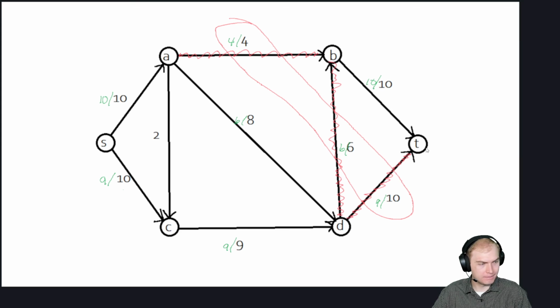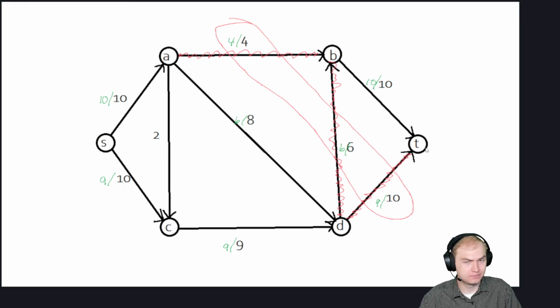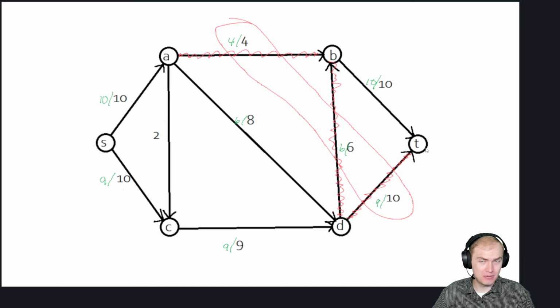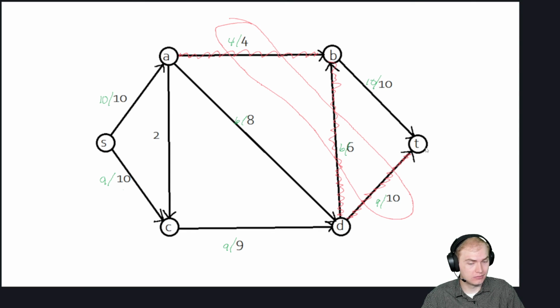These three edges form a cut, an ST cut. They're all used at capacity. Any path from S to T has to use one of the edges in that cut. But all of those edges are used at capacity, so we can't add any flow to them, which means that we're full. We're using everything we have.